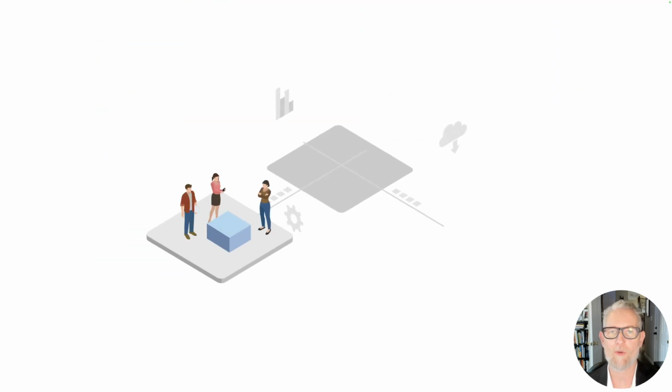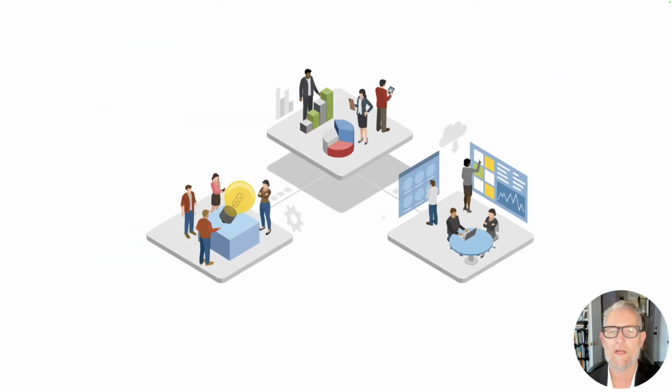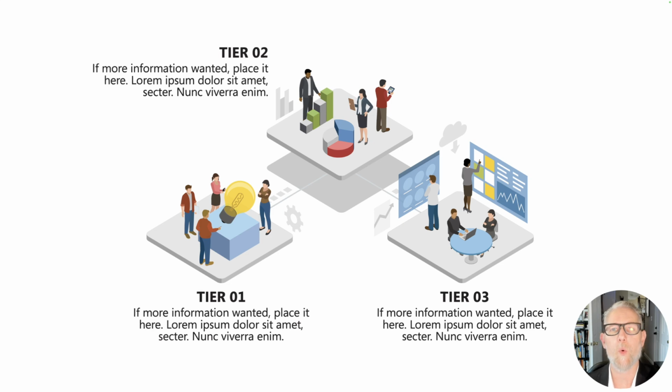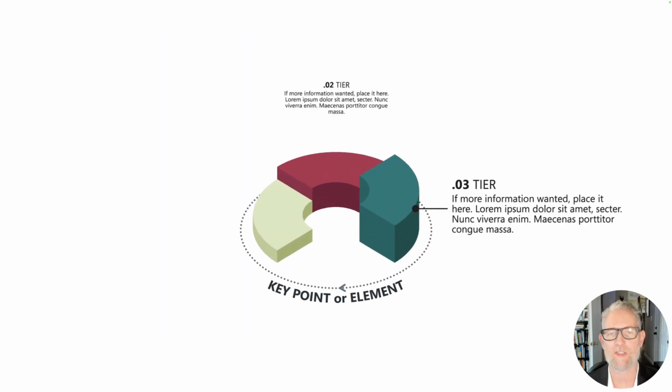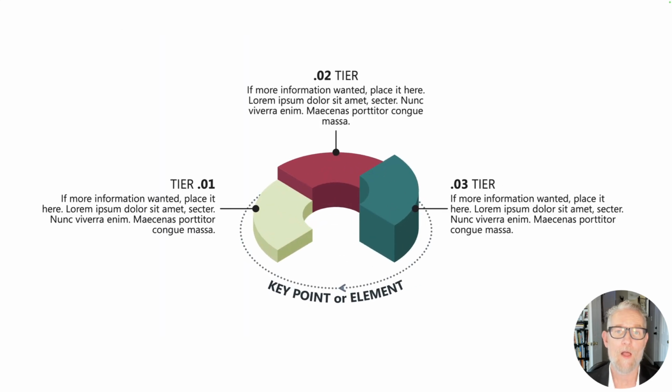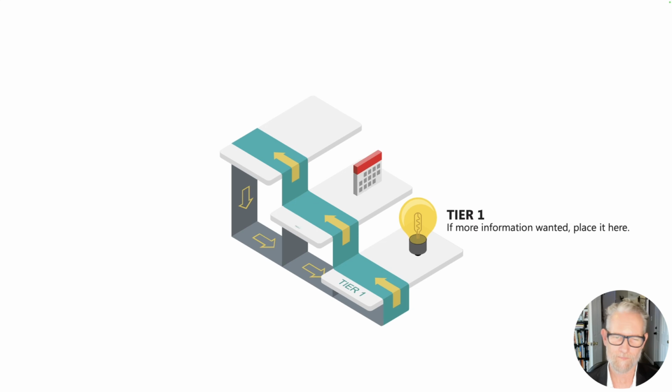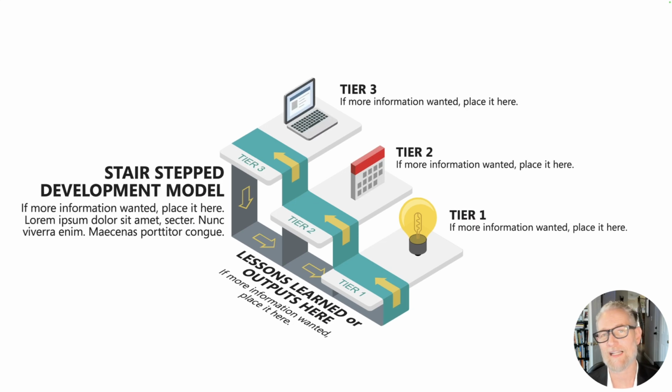Or maybe I want to test out the isometric graphic where we had those steps or quadrants. Or maybe a more traditional stair-stepped graphic, or that curved pie chart with the steps. Maybe I do that. But ultimately what I settled on was this. I thought this was the clearest explanation of our three-tiered approach.